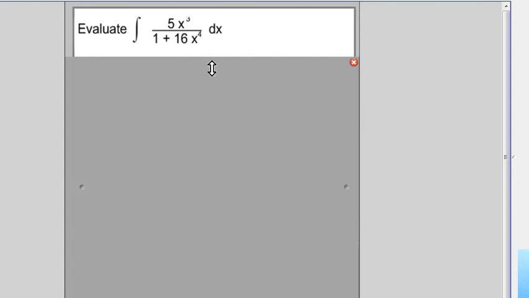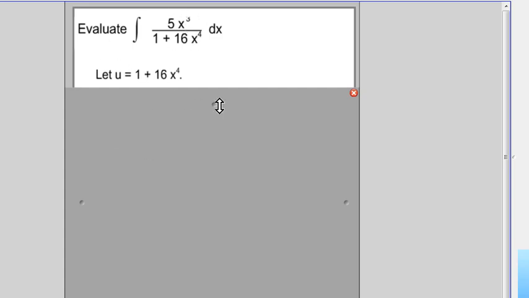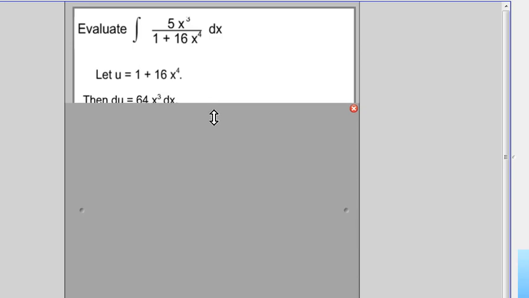Well, let's see. Obviously I will choose u as 1 plus 16x to the 4, because when you take the derivative of something with x to the 4, you know that x to the 3, which is here, will appear. So this makes sense. We cannot take this as u, it won't make sense. So having this as u, I will do the derivative. du will be 64x cubed dx.